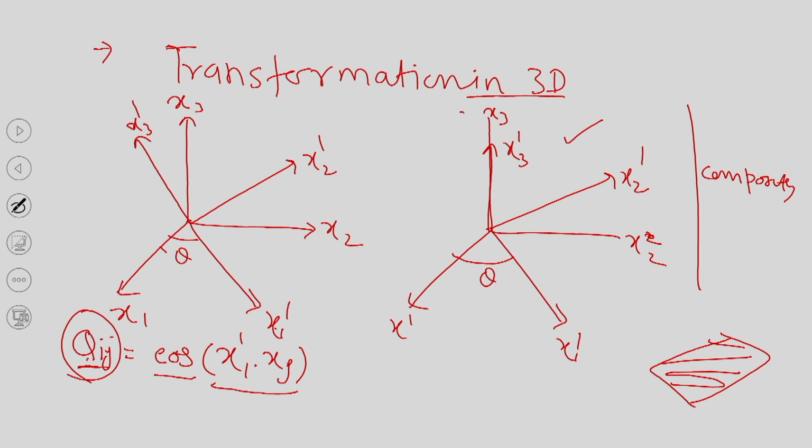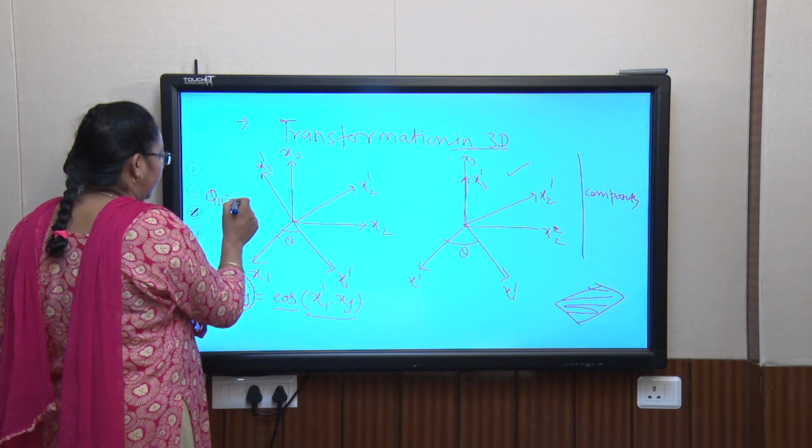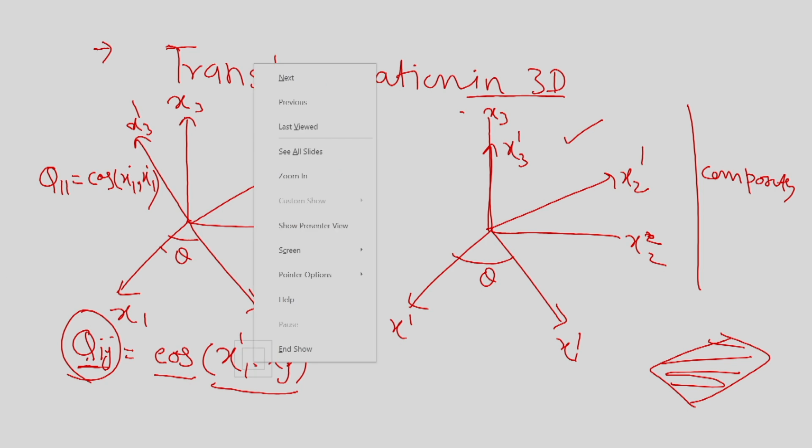If I is equal to 1, j is equal to 1, then Q11 will be nothing but cos of x1 dash to x1, the angle it makes.